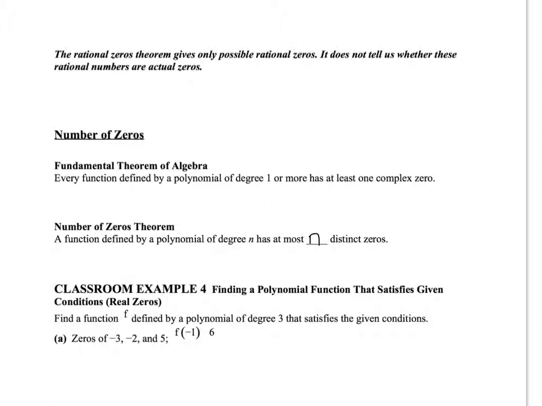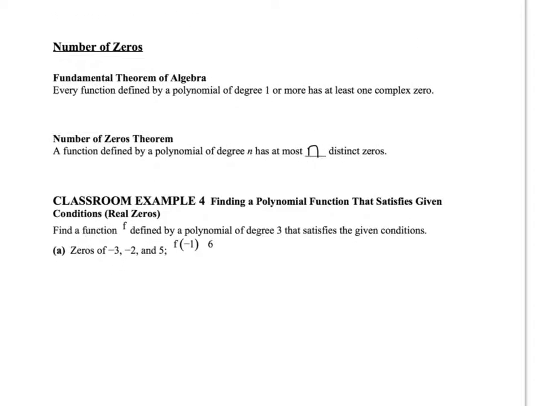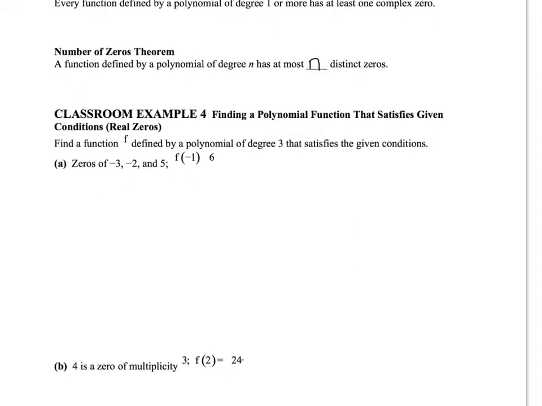Now notice this says at most n distinct zeros. That's because I could have some parentheses that repeat. In other words, it might be a double root. It would be a 0 more than one time. It would have multiplicity. And so that's what we're going to talk about here, is what we can do if we are trying to work with a polynomial that has some multiplicity of zeros.